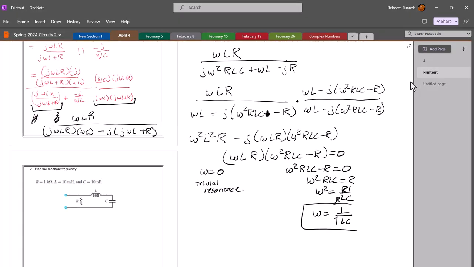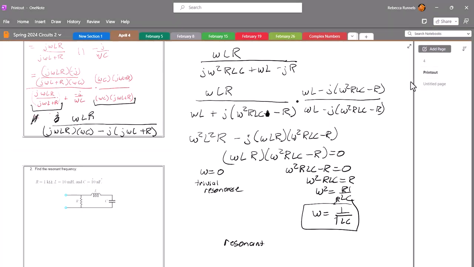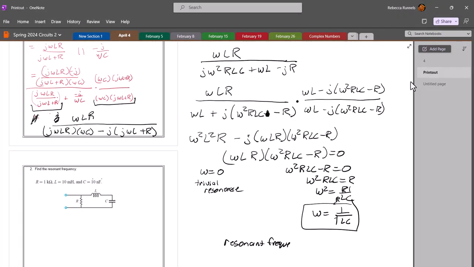And that gets us the resonant frequency for parallel RLC.